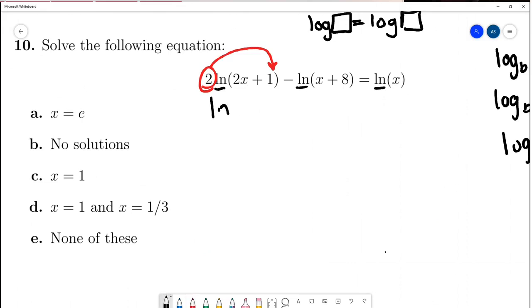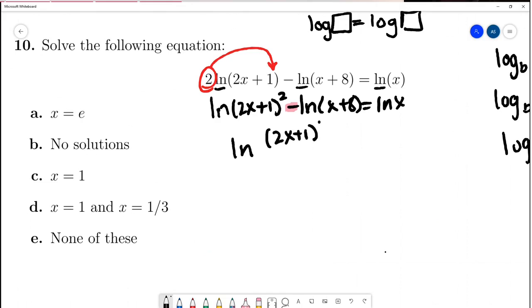We have natural log of (2x plus 1) squared minus natural log of (x plus 8) equals natural log of x. Then we have a subtraction. So we're able to use the quotient rule for logarithms. That's natural log of (2x plus 1) squared over (x plus 8) equals natural log x.